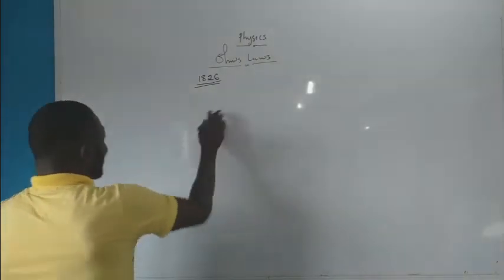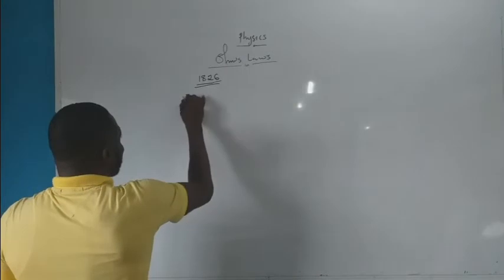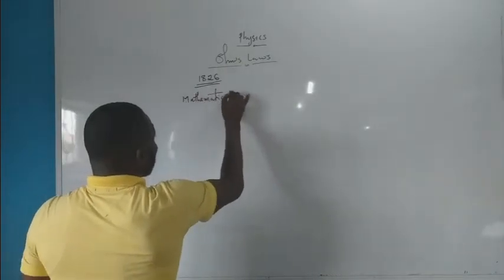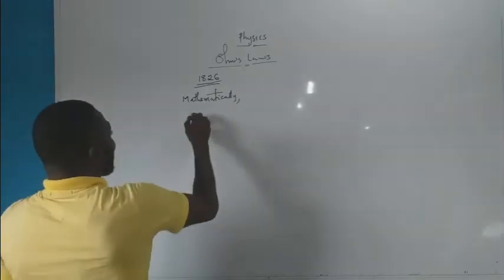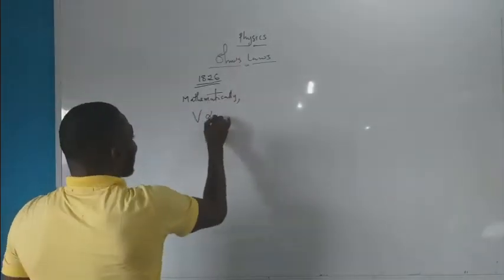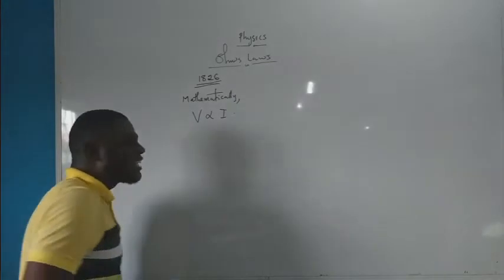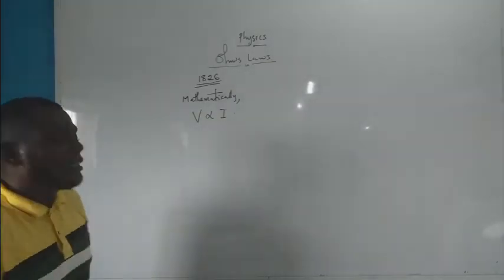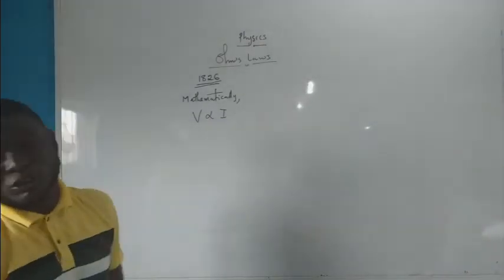Mathematically, we have V directly proportional to the applied current. This is what we call the sign of proportionality.